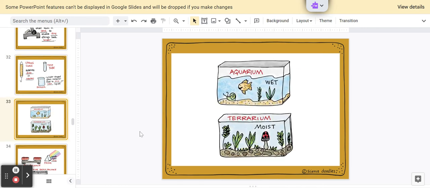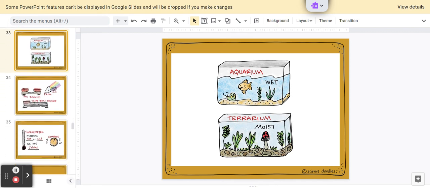Our next two are an aquarium and a terrarium. The aquarium is full of water, as you've probably seen before. A terrarium is a moist environment where plants and some animals can grow. And when I say animals, I'm talking about some worms, maybe a snail or two, frogs.